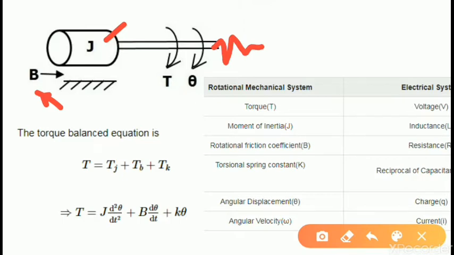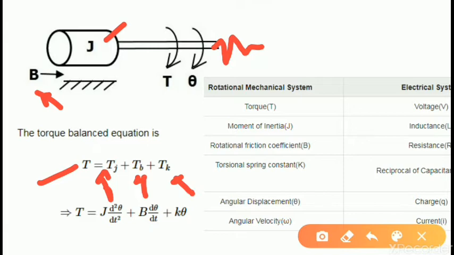Similarly to the translational case, we have the torque balance equation, that is T equals Tj, the torque due to moment of inertia, plus Tb, the torque due to friction, plus Tk, the torque due to the torsional spring.